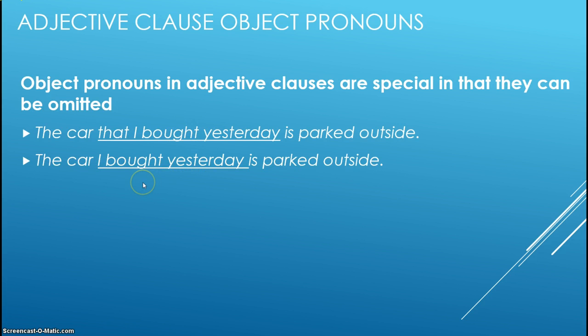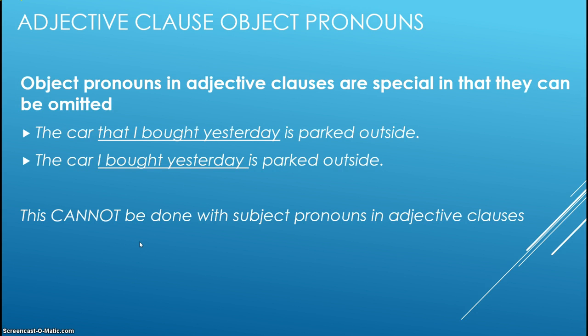This sentence is also possible. The car I bought yesterday is parked outside. What's missing here? What did I take out? My object pronoun. Right? I took out that. And it's fine. This sentence is great. That's the flexibility that you have with an adjective clause with an object pronoun.